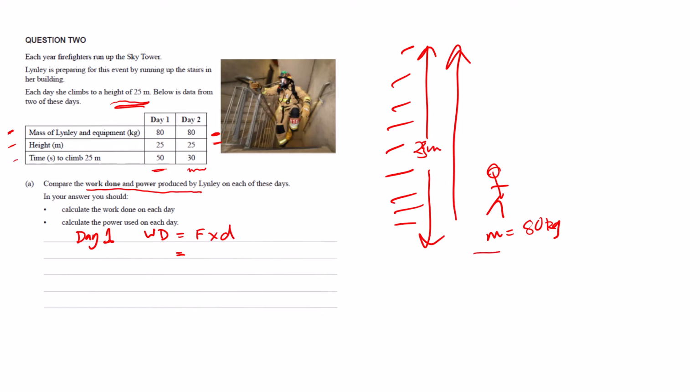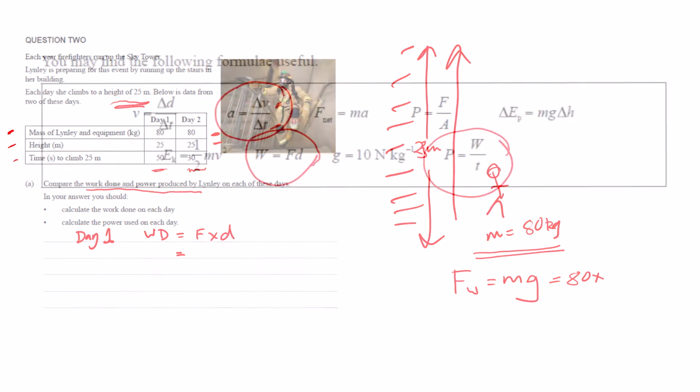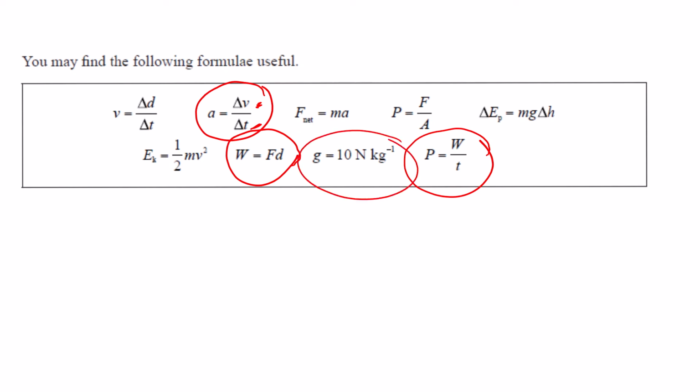Now, we've only got her mass. We don't know the actual weight force she's overcoming to run up those stairs, but we remember our weight force is equal to mass times g. So her weight force is 80 kilograms, and g, we are given that g is 10 newtons per kilogram.